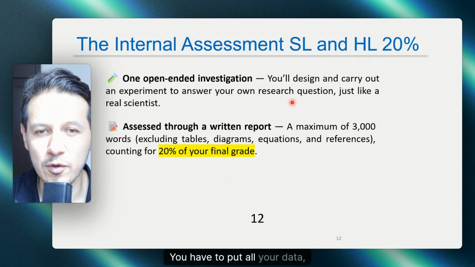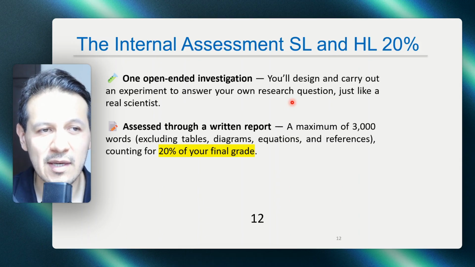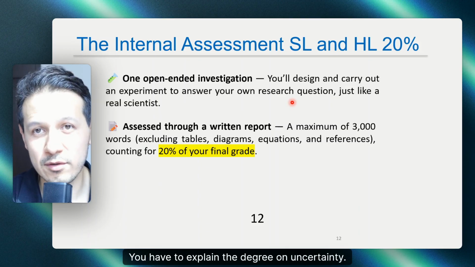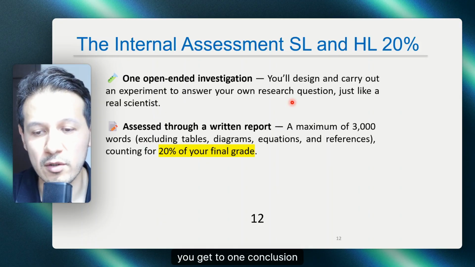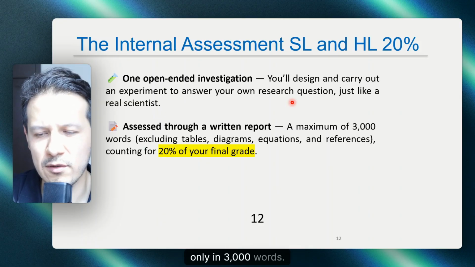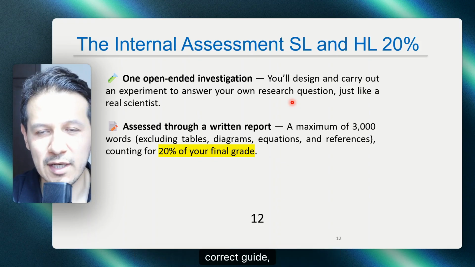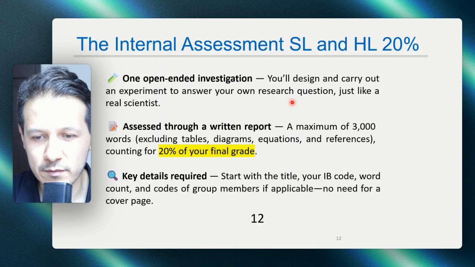You have to put all your data, all your analysis. You have to explain the procedures. You have to explain the degree of uncertainty. You also have to explain calculations and how you get to one conclusion, only in 3,000 words. Okay, it could be challenging, but if you have the correct guide, it will be easy and straightforward for you.